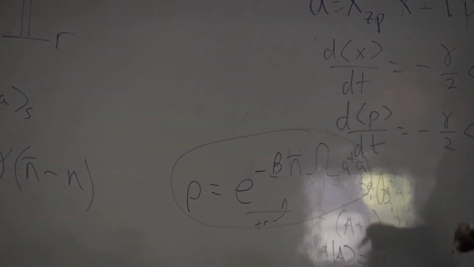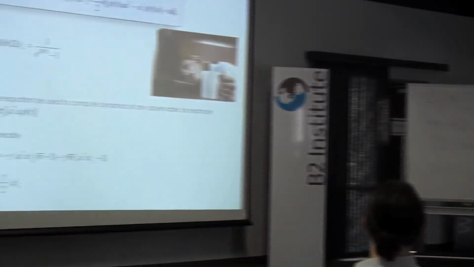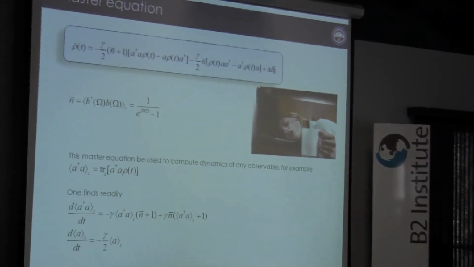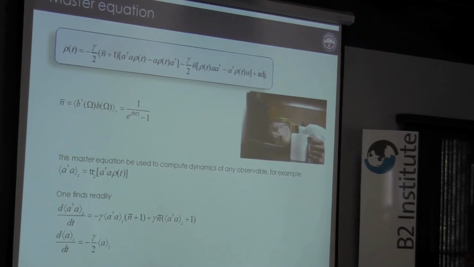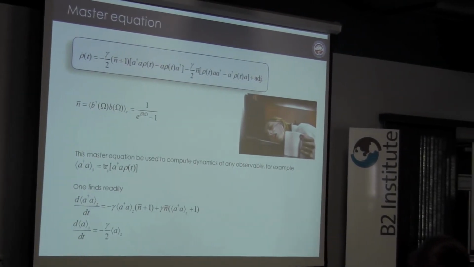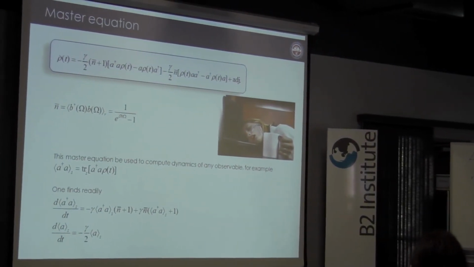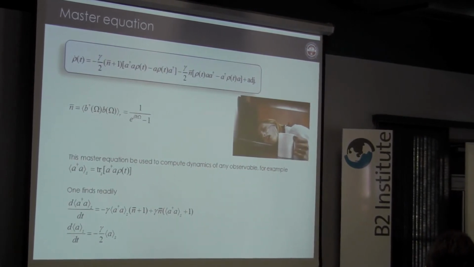You can plug that into the master equation, being sure to add the adjoint on, and you can verify that this is the steady state solution for the system's density matrix. In other words, this master equation does indeed produce, as a steady state, a thermally equilibrated system.